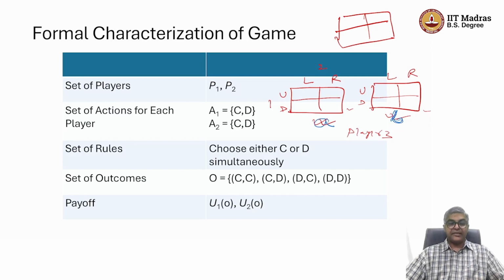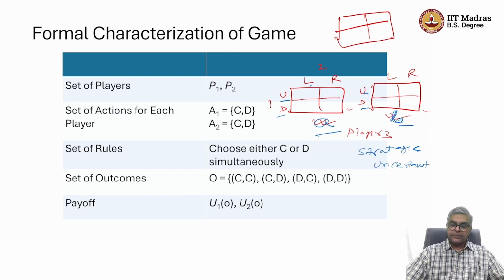Here there is a strategic uncertainty in the sense that players 2 and 3 do not know whether player 1 is playing U or D, or players 1 and 3 don't know whether player 2 is playing L or R, and similarly players 1 and 2 don't know whether player 3 is playing A or B. So, this is a strategic uncertainty, that is fine. Still the game is of complete information.